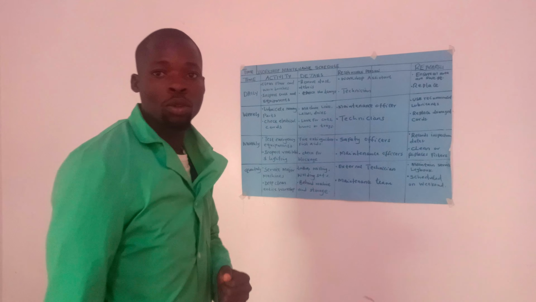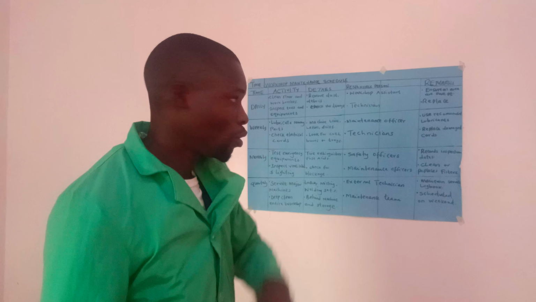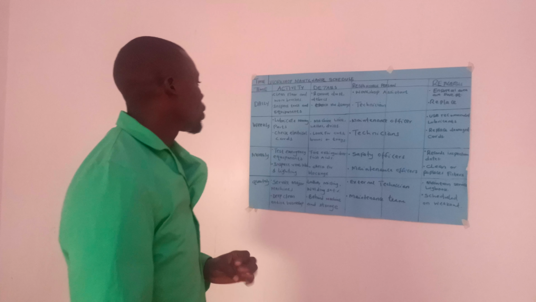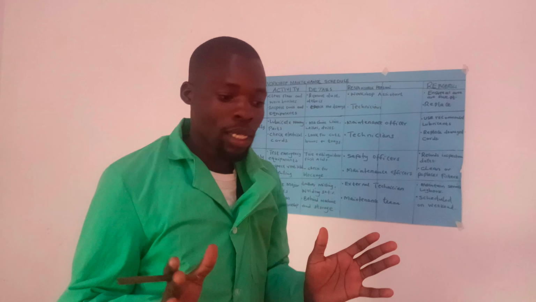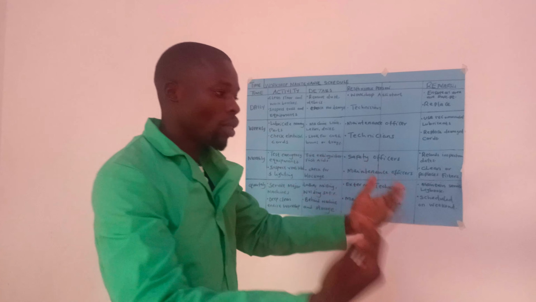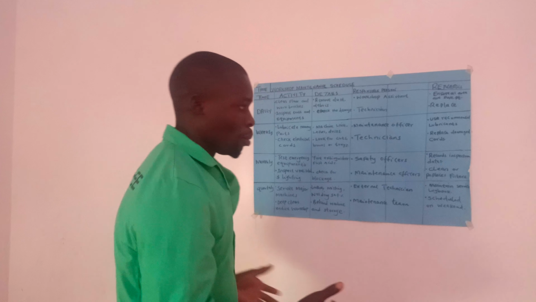I want to take you through the workshop maintenance schedule. That's our topic of the day today. Now, when preparing a workshop schedule, there are some things that are supposed to be attained in that day.